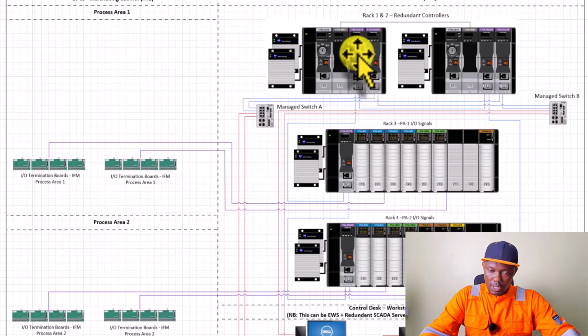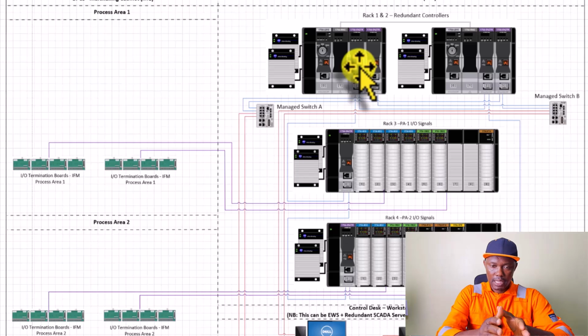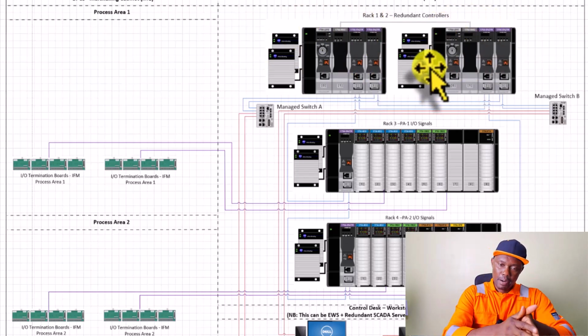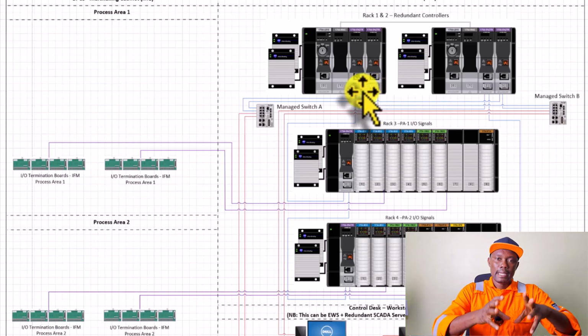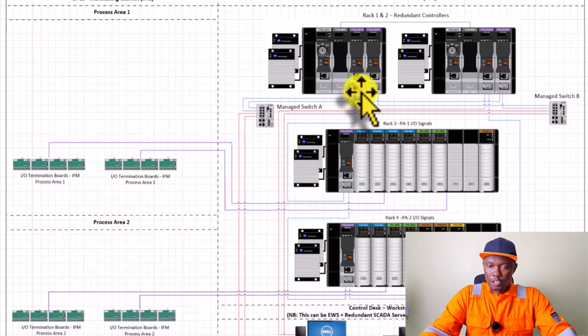One thing you will find out is that the system on the left, on rack 1, is a replica of rack 2, the secondary. So we'll have the primary, we'll have the secondary. It's going to be exact. The part number as well as the firmware versions have to match in a redundancy configuration.